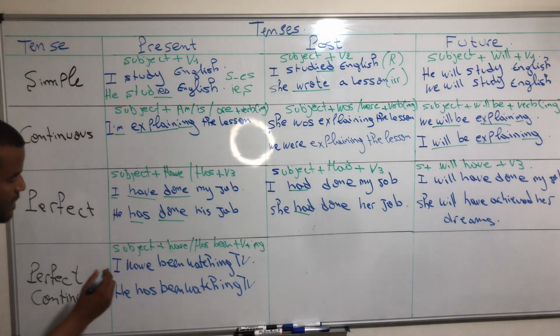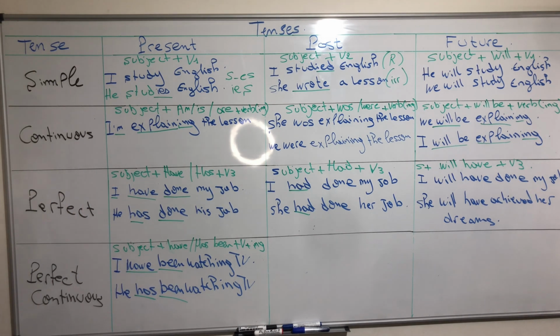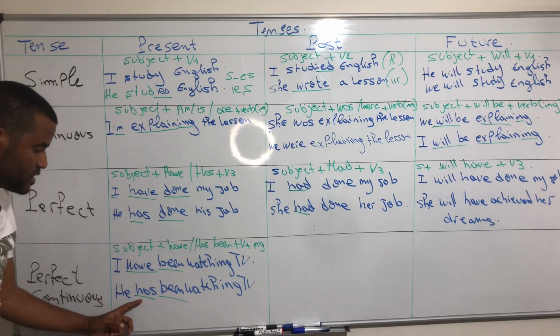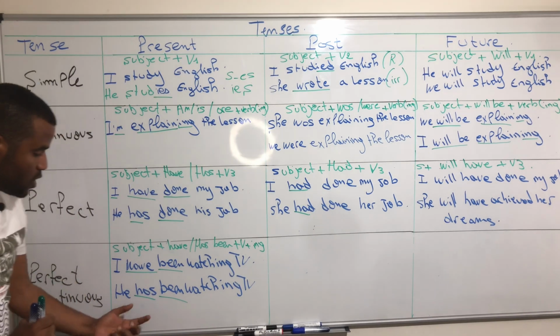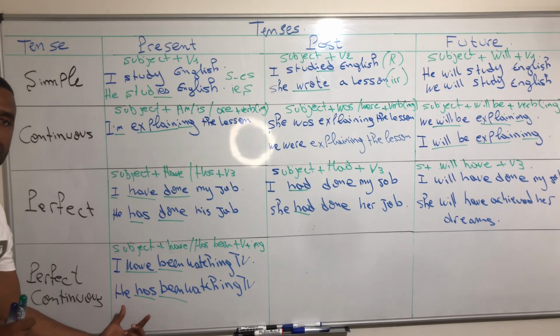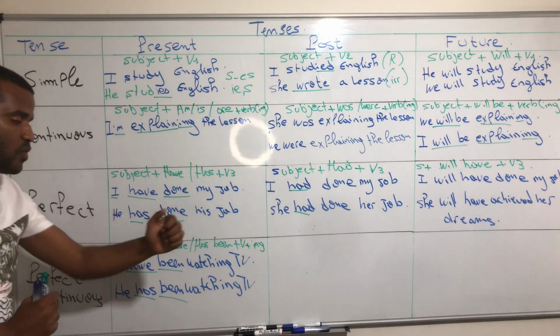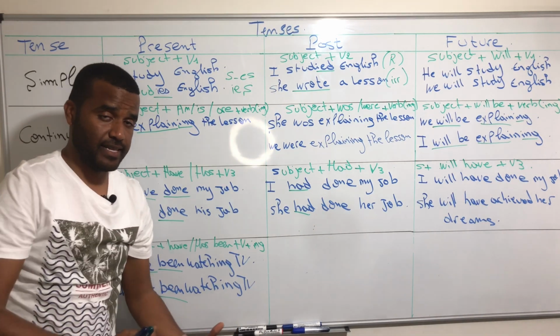So we have I have been watching and he has been watching. We change the auxiliary have here. When we have he, she or it, we put has. He has been doing something. He has been explaining this lesson.